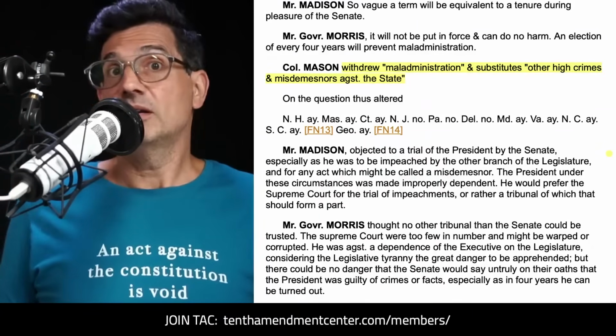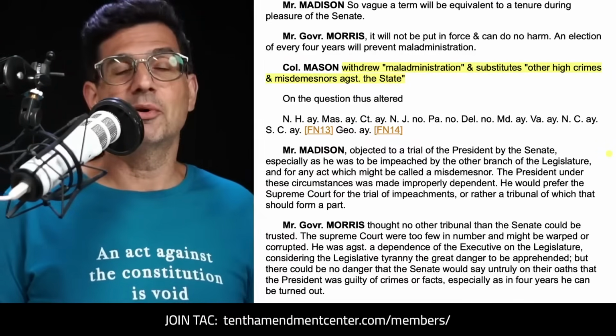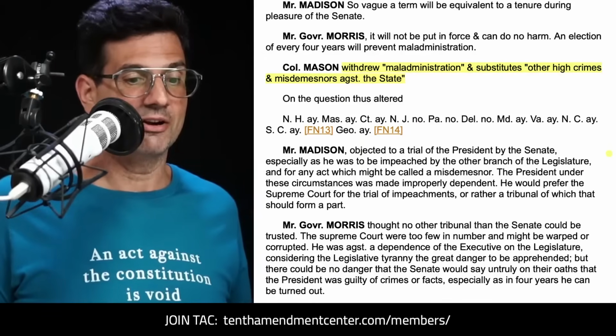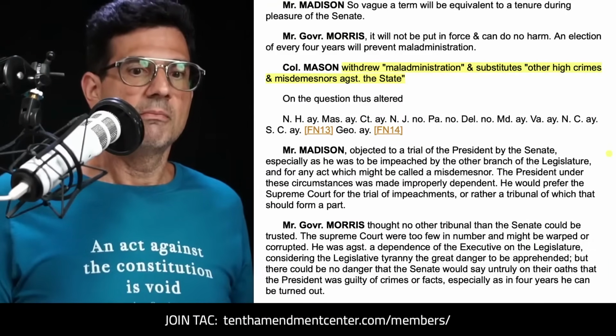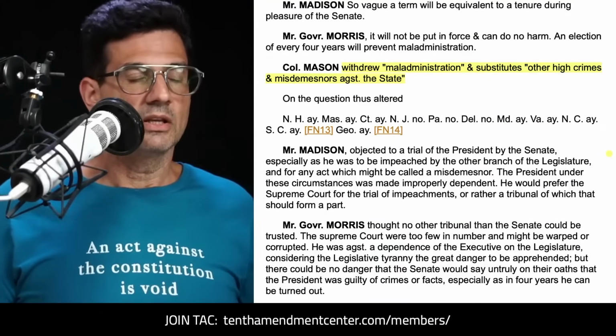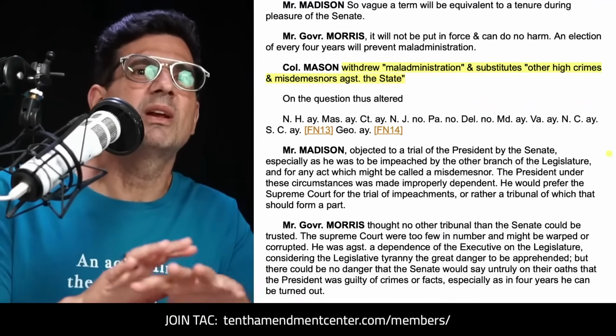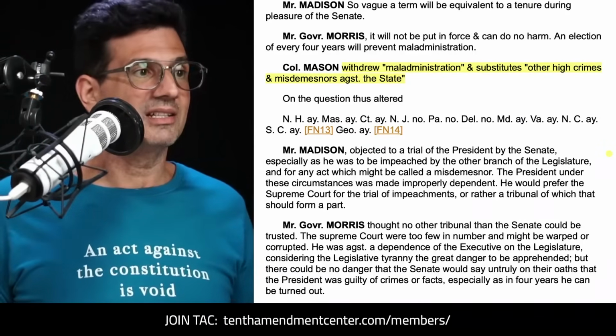It was deliberate. It wasn't accidental. They thought about it. They debated it. Other than Governor Morris, who thought, well, who cares? It was broad enough to catch really bad abuse, but it was still specific enough that you could go after tyranny, but it wasn't going to be used as a weapon. Now, maybe they made it too specific, but we'll get to that in a little bit.